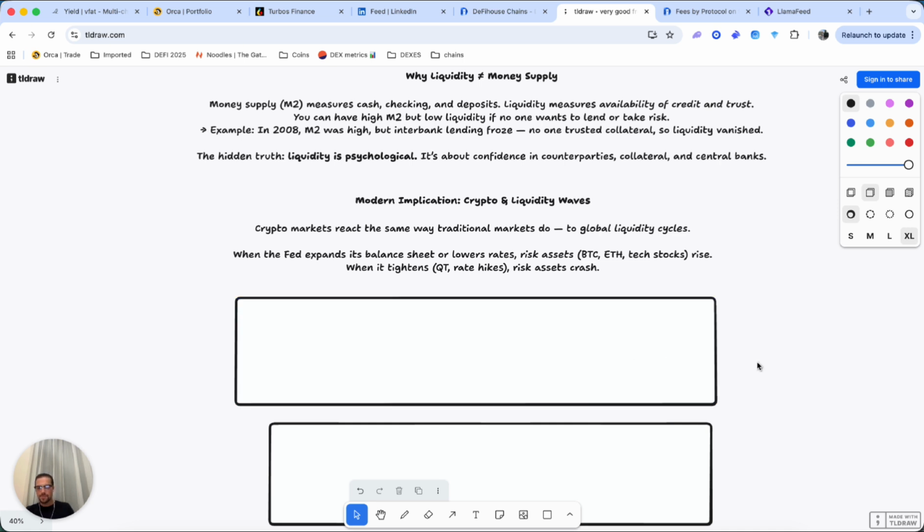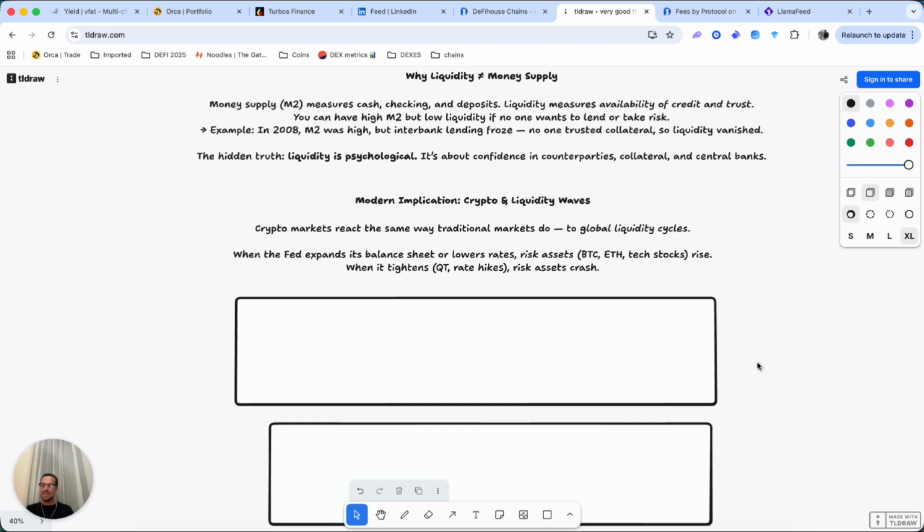Simple as that. So when the Fed expands its balance sheet or lowers interest rates, the risk assets like BTC, ETH, tech stocks as well, they go up. And when it tightens, right, and the QT begins and the rate hikes, so to speak, the interest rates are being increased by the Fed, the risk assets then crash, right?